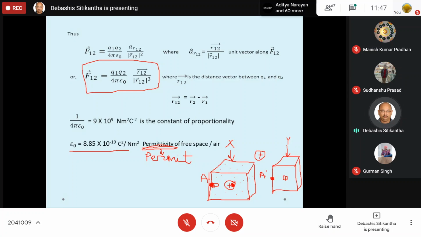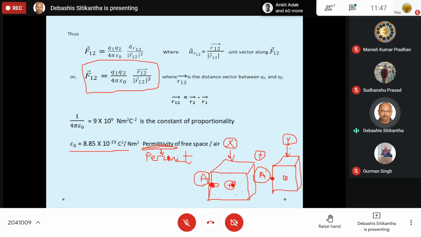Now I will see that if X and Y are two different materials, the field will not be the same. Suppose I am getting a stronger field at the point A than at the point A dash. I can say that this material X is allowing the creation or the passing of the electric field lines more easily than the material made out of Y. Are you getting what I am saying?